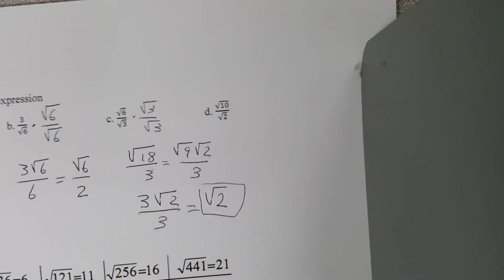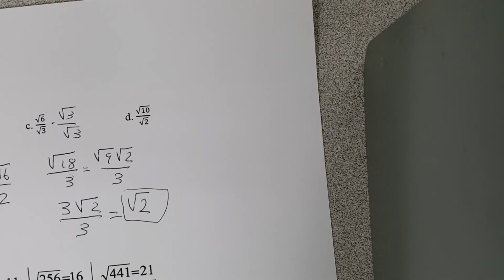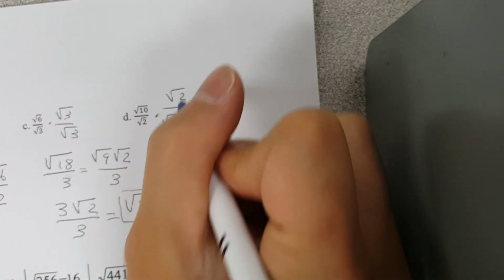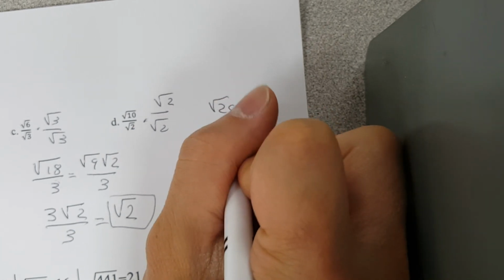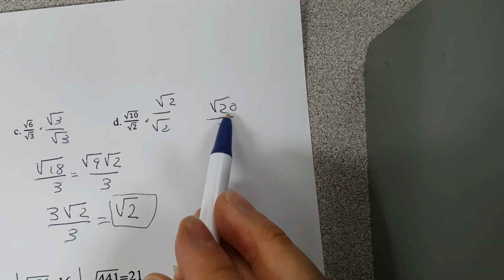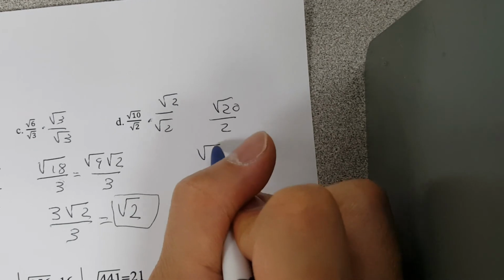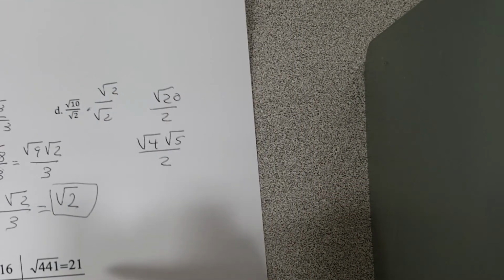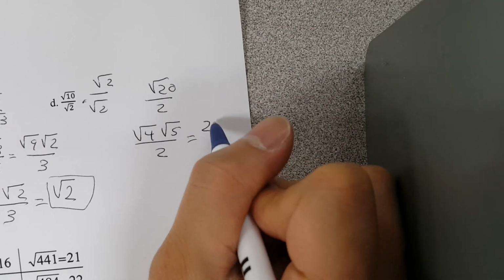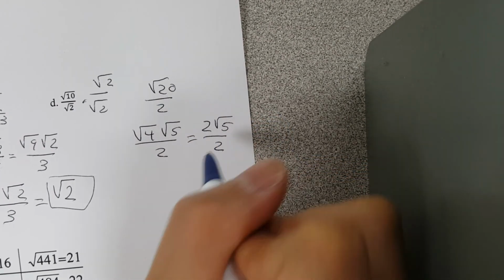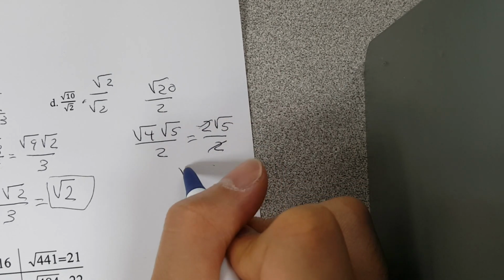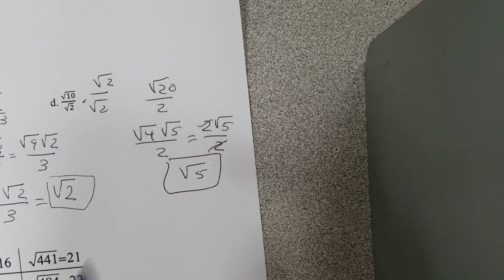And then the last one, multiply top and bottom by radical 2. This gives me radical 20 over 2. Radical 20 can be split up into radical 4, radical 5 over 2. And so this is 2 root 5 over 2. And the 2's cancel, so I'm just left with root 5 as my answer.